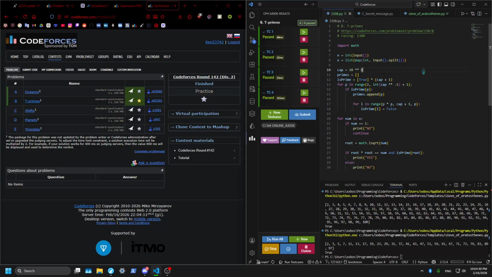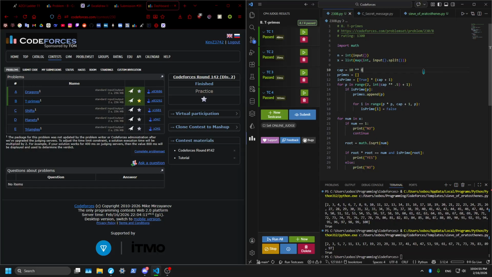We just set up a prime array, we set up isPrime, set it to true, multiply it by the cap plus 1, and then we iterate through from 2 to the square root of the cap plus 1.